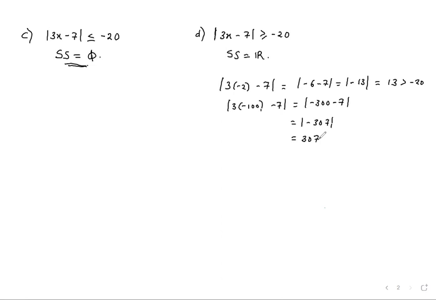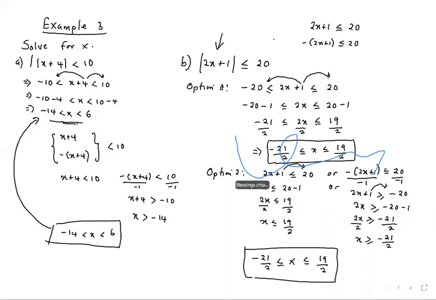Thank you. What if we solve it in the way we have solved the previous examples, for example A and B? We take negative 20 to the other side and solve in the same way for example D with real numbers.